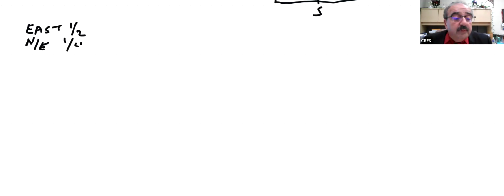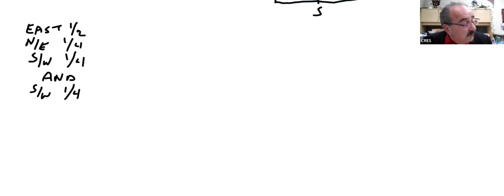And the tricky part is when you get to the word and. And the southwest 1/4 of the northwest 1/4 and the southeast 1/4 of section 12.